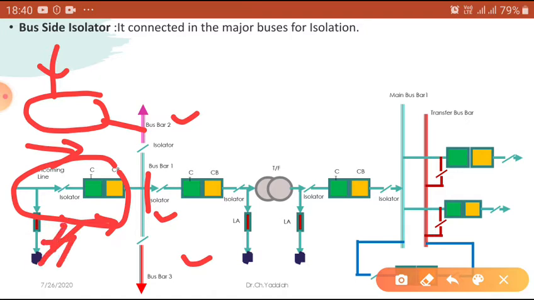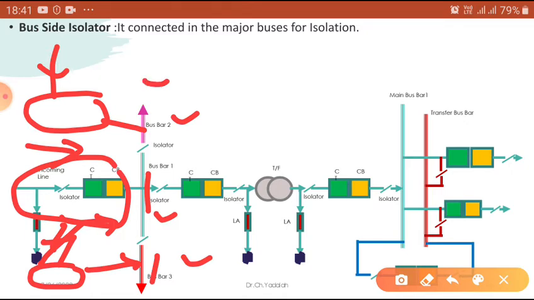So two incoming feeders are coming to our substation, and at the same time this bus is also getting electric supply from other generating stations, for example KTPS, Kottagudem. So three input supplies are coming, three buses are connected.